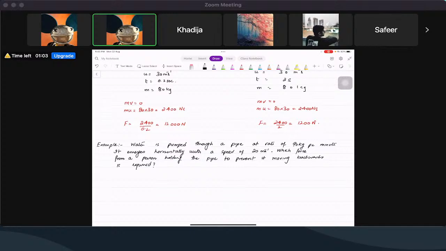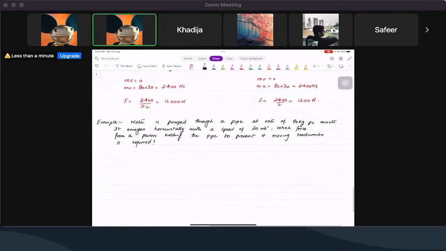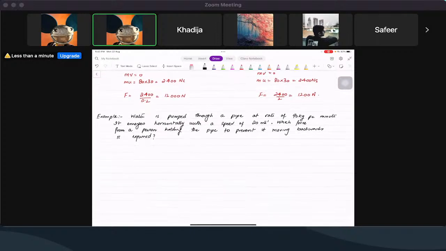Now, when they say the pipe at a rate of 90 kg, you need to take out some of the information from this. We need to know that the mass is 90 kg, and this 90 kg is coming out in a time of 60 seconds, because it says 1 minute. The initial velocity must have been 0, because the water must have started flowing, and the final velocity when it goes out of the pipe is 20.